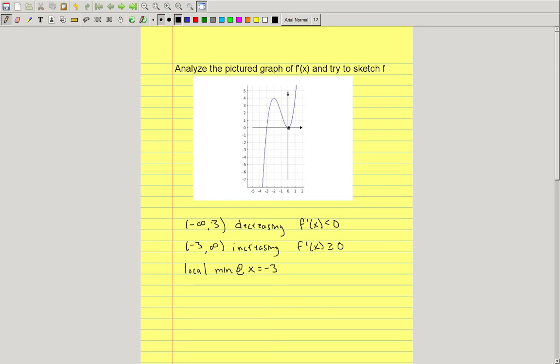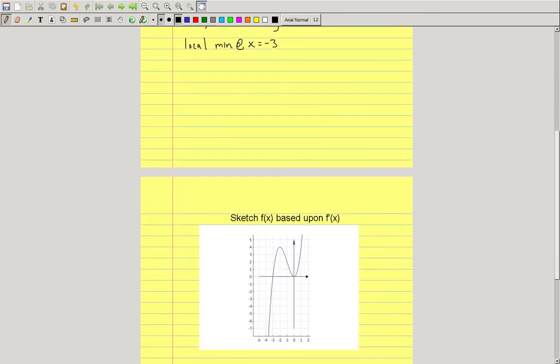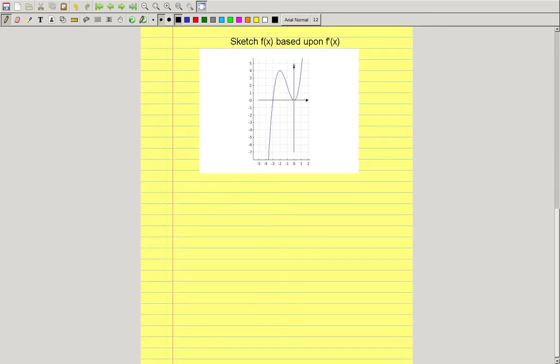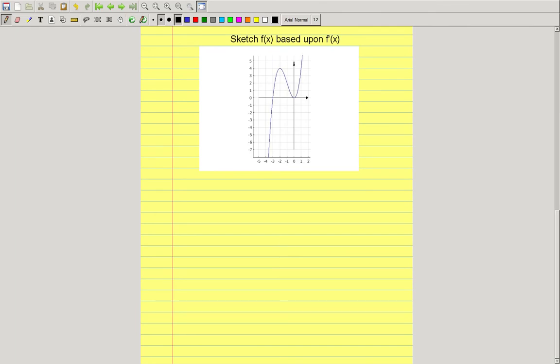So, based on just these small bits of information, we can get a little bit of an idea about what our function f is supposed to look like. Using this, we're going to make our sketch. So, we say f of x down here. We go ahead and draw the y-axis vertically matching up with the graph above.